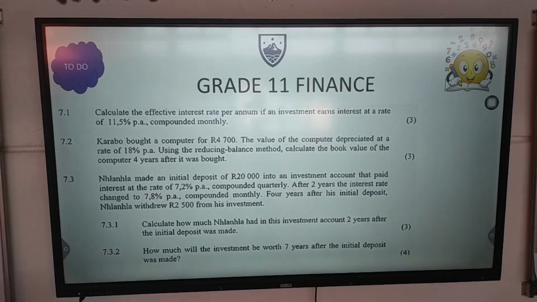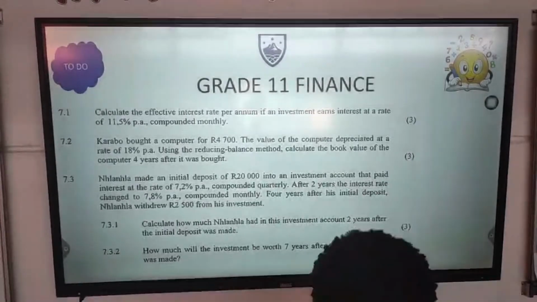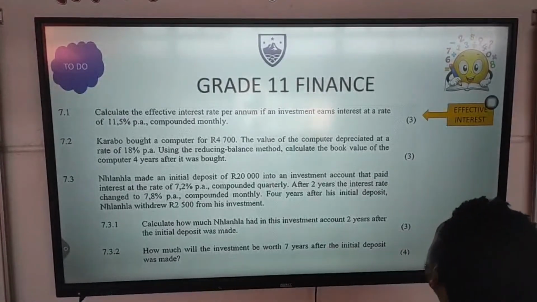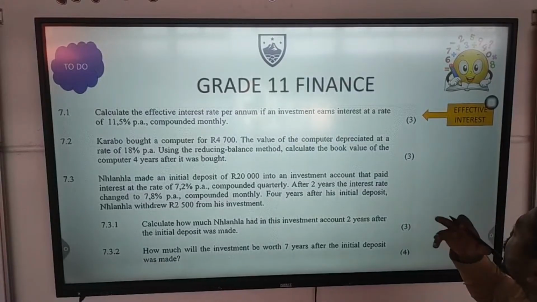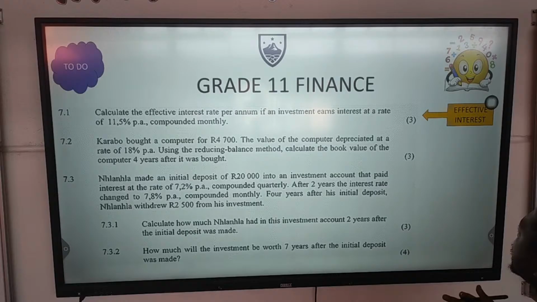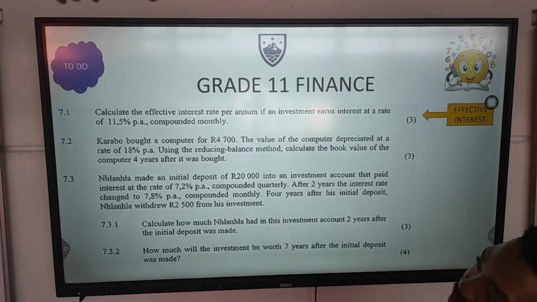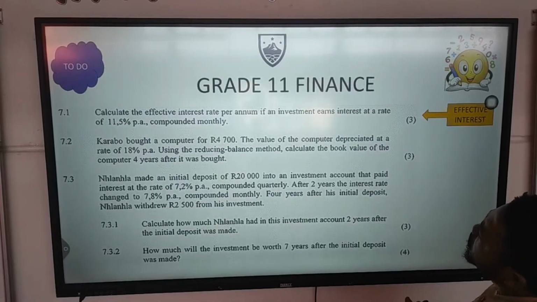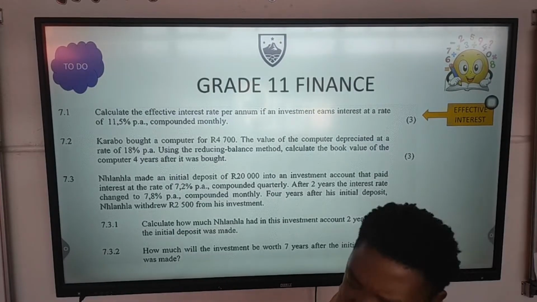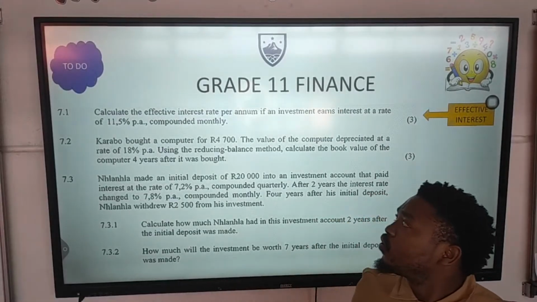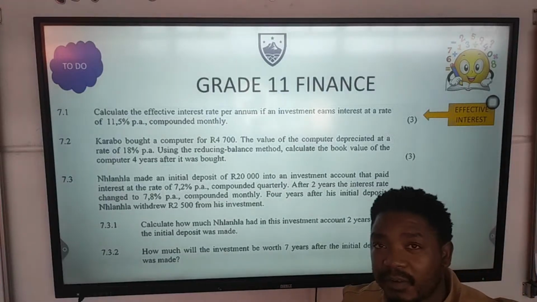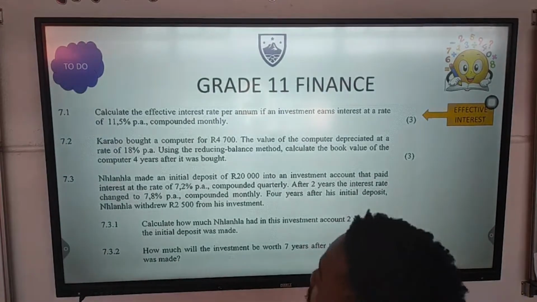All right. We'll be revising this. We'll start with the effective interest, and then I'll also give you some few examples that are required, maybe to change from one interest rate to the other, and also the other wording like nominal interest and so forth, so you can get the financial vocabulary when it comes to your paper one.